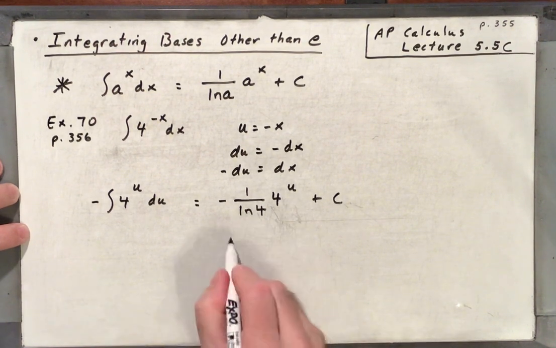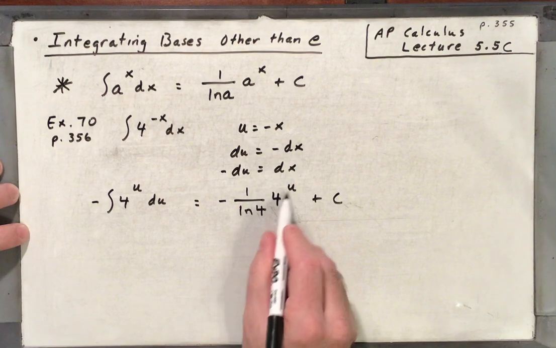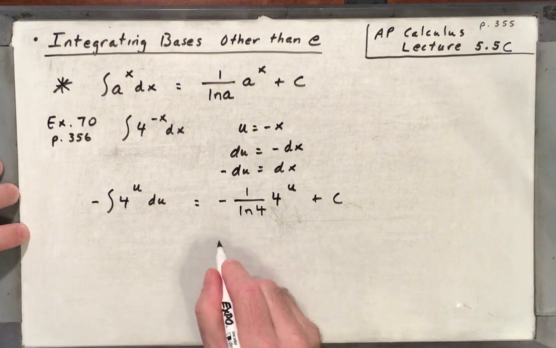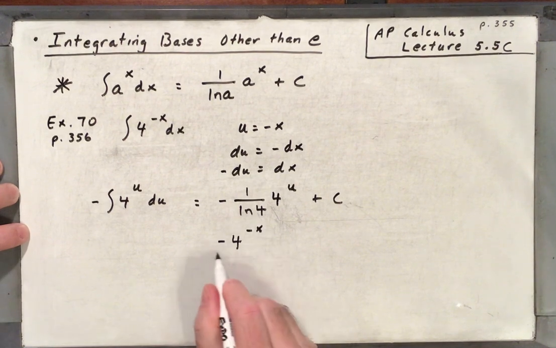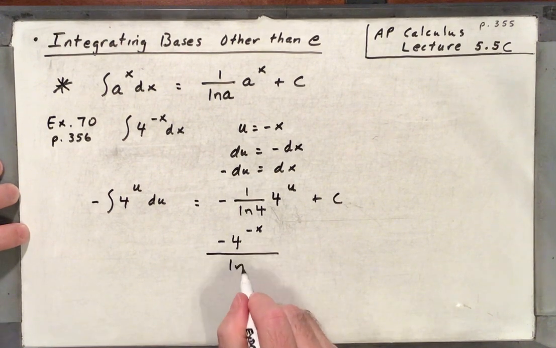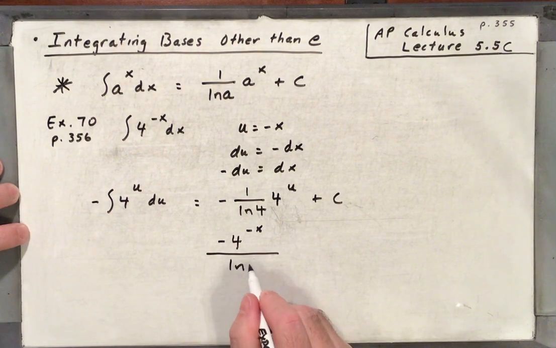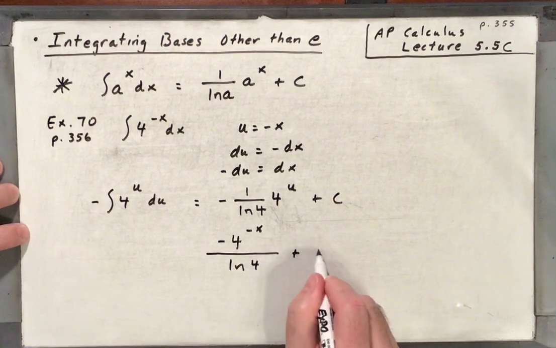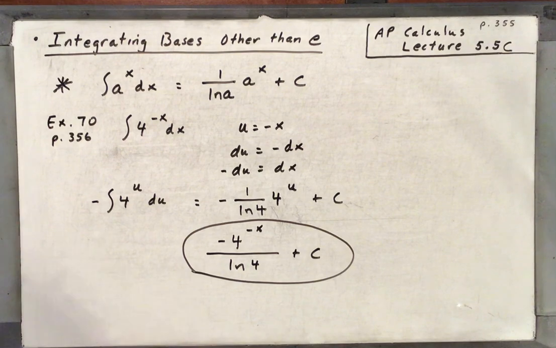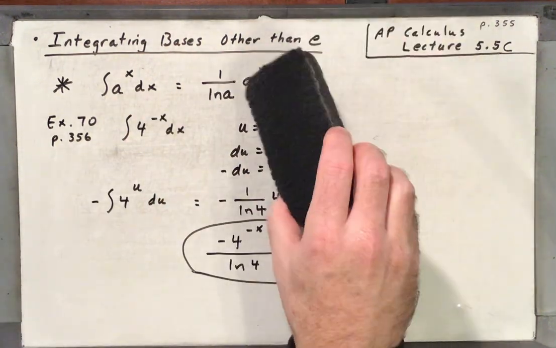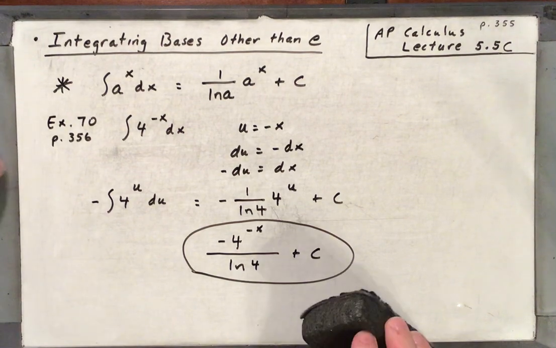So I'm going to bring that 4 to the u up to the top of the fraction. So it would be minus 4 to the minus x over the natural log of 4 plus c. All right, usually it involves a u substitution and then just plug it into the formula. Let's do one more.